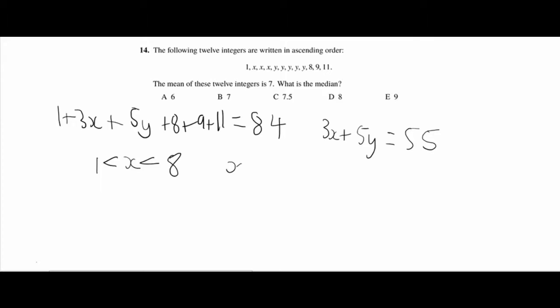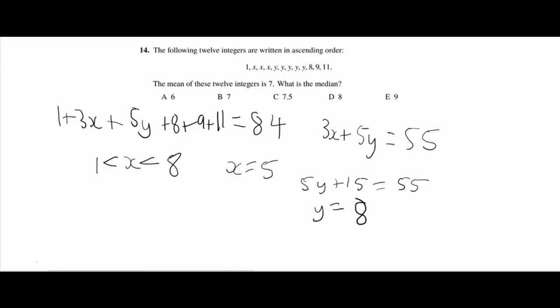So we know that x must equal 5. And if we do this, we can then see that 5y plus 15 must equal 55, and so y is equal to 8.